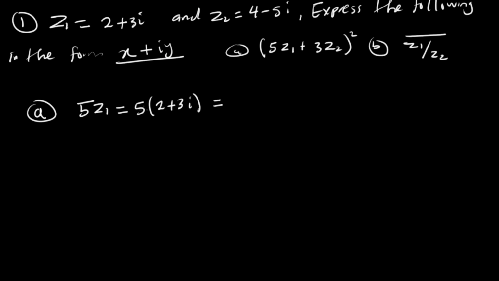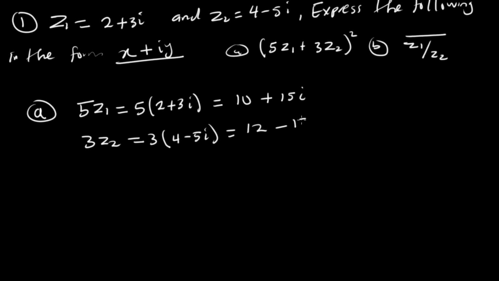If I'm multiplying by a real number, we just multiply both the real and the imaginary part by the real number. So this is 10 plus 15i. And the second part, which is 3z2, is 3 into brackets, where z2 is 4 minus 5i. So 3 times 4 is 12 minus 15i.